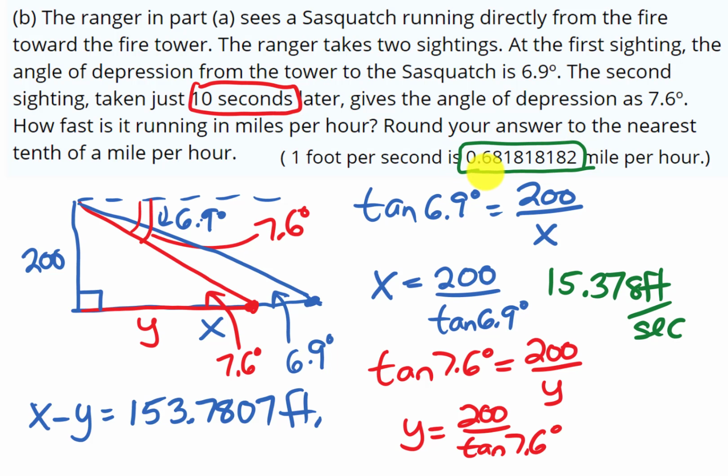And I've already got that in my calculator, so I just need to take that number now and multiply by 0.68181882. That's carrying it out there a ways. So it looks like he ran 10.485. So let's go ahead and we're going to round that to the nearest tenth. So he's running 10.5 miles per hour towards the tower.